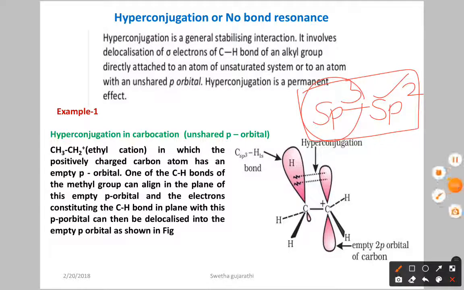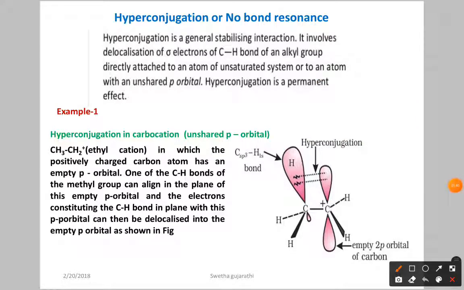For example, you have CH2 cation, having the positive charge, and after that you have the CH3 group.